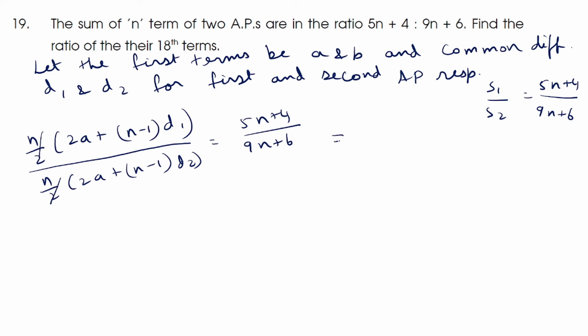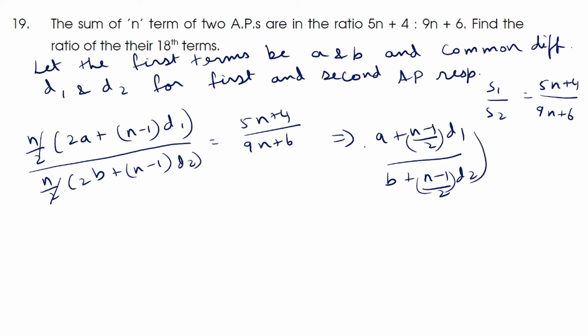So from this we get a plus n minus 1 by 2 into D1 upon B plus n minus 1 by 2 into D2 is equal to 5n plus 4 by 9n plus 6.